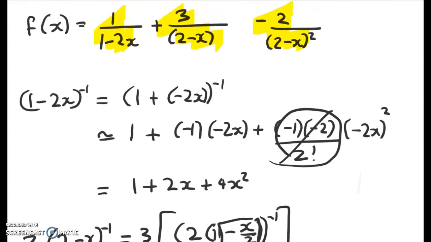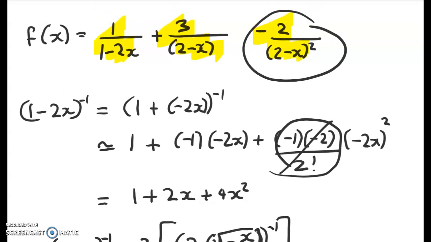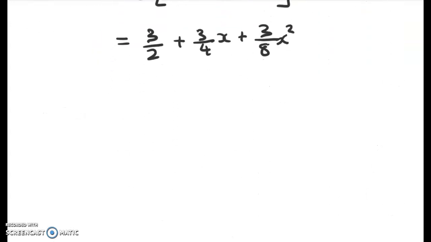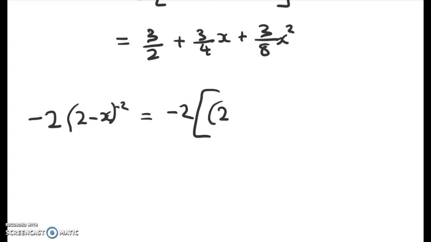Right, the last one is this one here. So we've got negative 2 times 2 minus x to the negative 2, which equals negative 2. And again, I have to do this thing where I have the 1 plus pattern, to the power of negative 2.